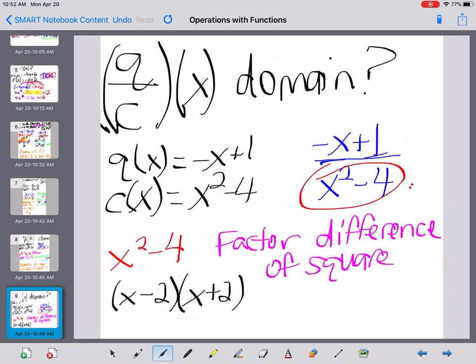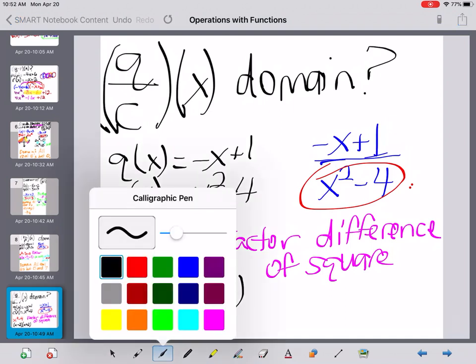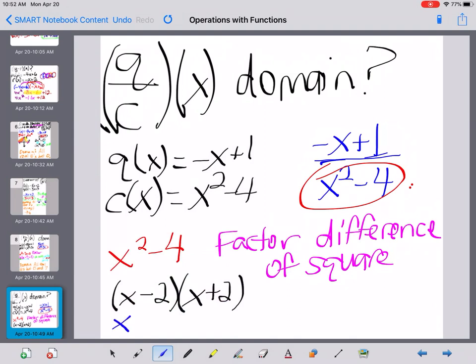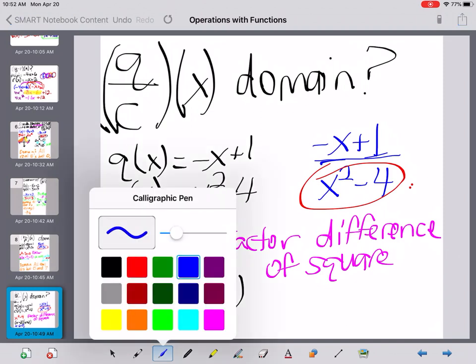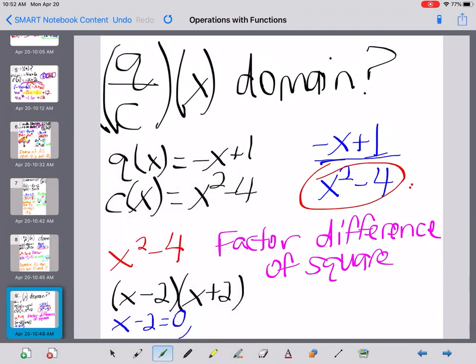So, when I set both of those equal to 0, which is what we're going to have to do, so I'm going to have x minus 2 equals 0. And then I'm also going to have x plus 2 equals 0.